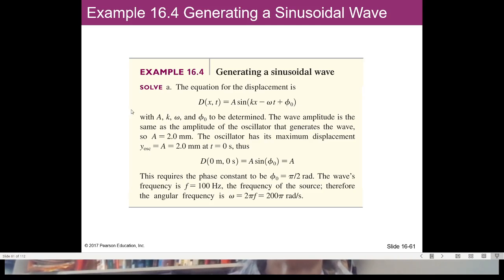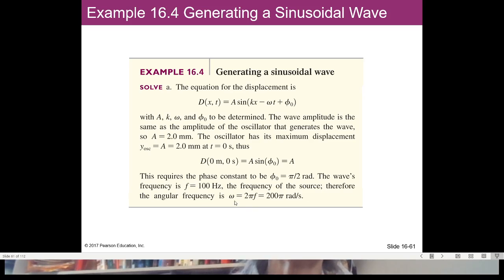All right. So the amplitude is the amplitude of the oscillator generating the wave, and you're told that the maximum displacement is at t equals 0, so that gives you the phi naught. Okay. So the frequency has to be the same as the oscillator, the frequency of the source.